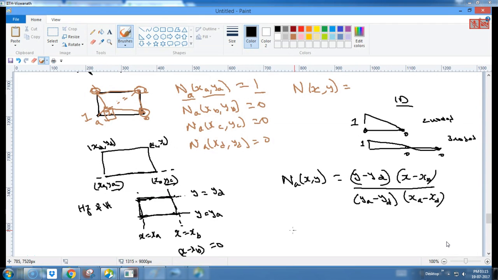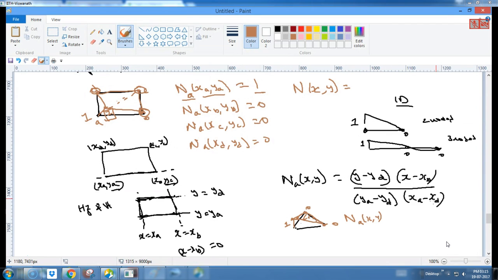This is for a 2D element. Similarly, for a triangle, you raise this node by a unit distance and hold the others at 0. The structure it forms, the tent it forms, is the N of A for the three-noded element.